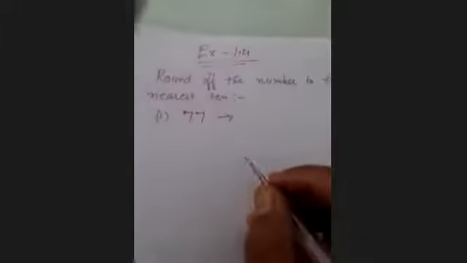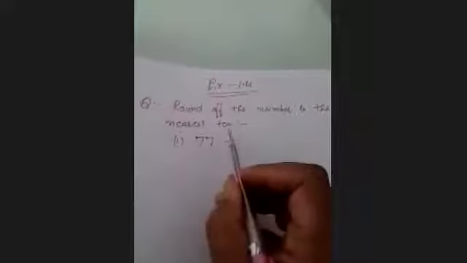Yes, friends, how can we round off these numbers? For example, our first number is 77. Now we are rounding off this number to the nearest 10.